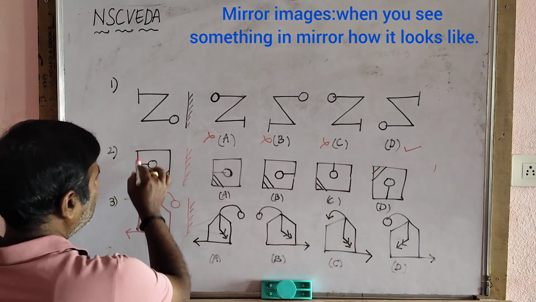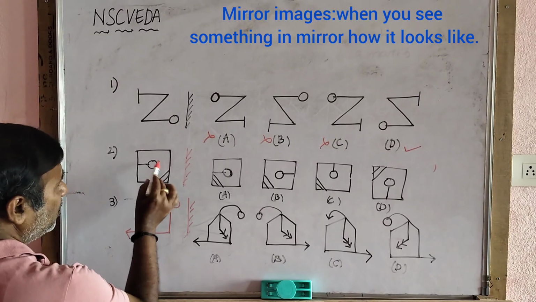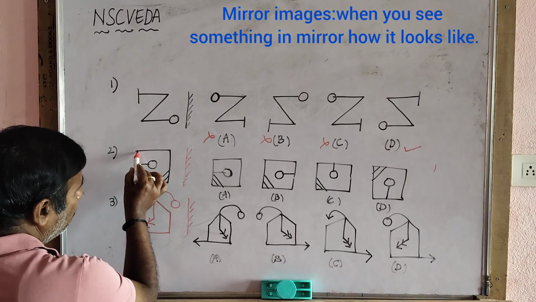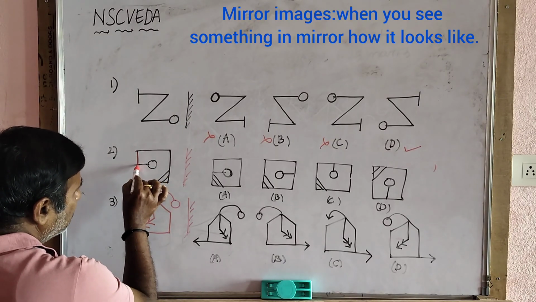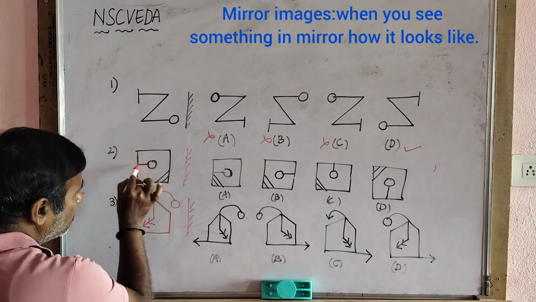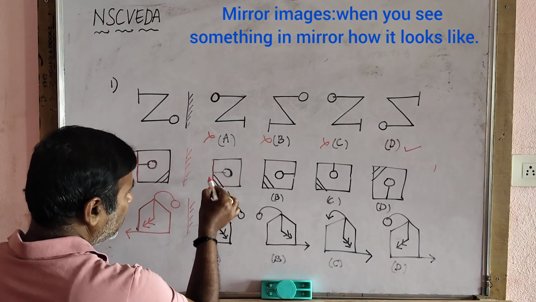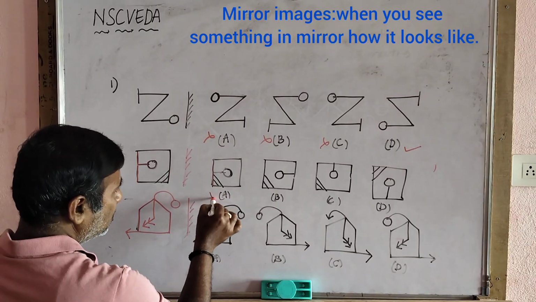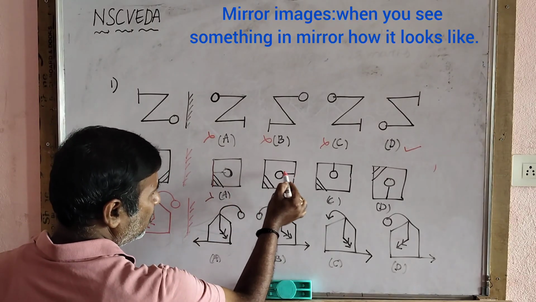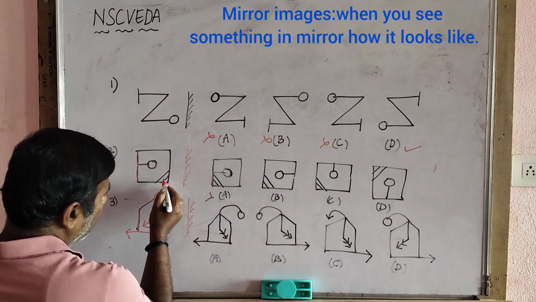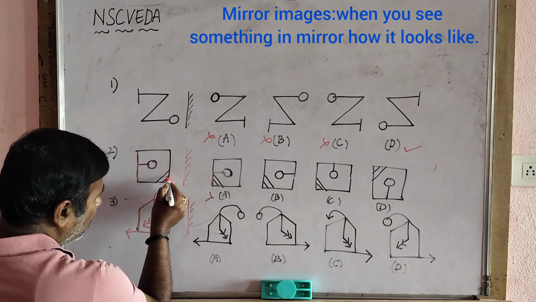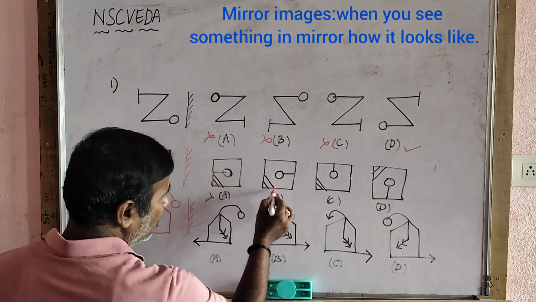Next, when you see this square, you have a square. So on the far away side towards the mirror, you have a straight line and a circle like this. You see here, it is on the nearest side only, so this is wrong. Here from the farthest side you are getting it like this, this is fine, and the nearest corner left slanting, right slanting, nearest corner right slanting, left slanting.